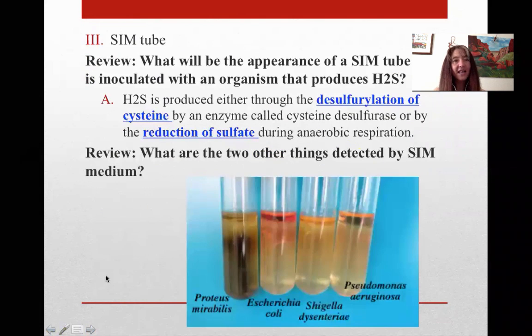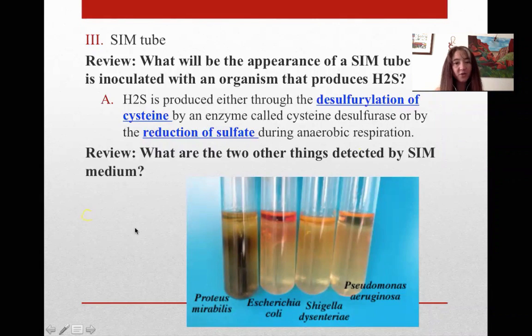Beautiful. Let's turn our attention then to the SIM tube, which is a test that we've already talked about, so we can review it a little bit. So what will be the appearance of a SIM tube that is inoculated with an organism that produces hydrogen sulfide gas? Remember that hydrogen sulfide can be the product of desulfurylating cysteine. You'll recall that cysteine is that sweet amino acid that has an R group.